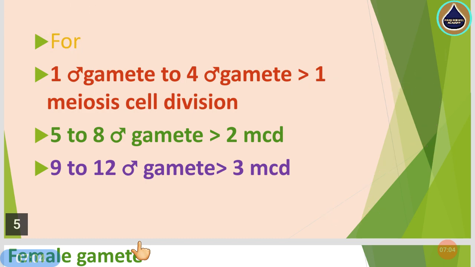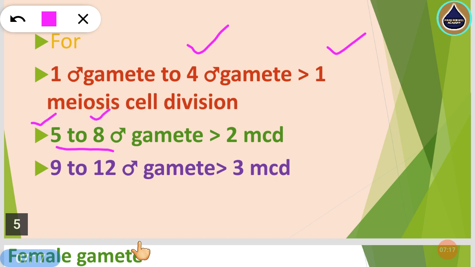Likewise, in the second example, you can see here up to 1 to 4, only one cell division is needed. Then from 5 to 8, 2 meiotic cell divisions are needed. Is that clear?